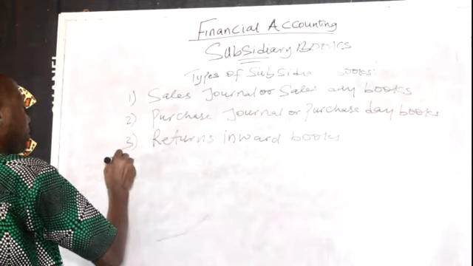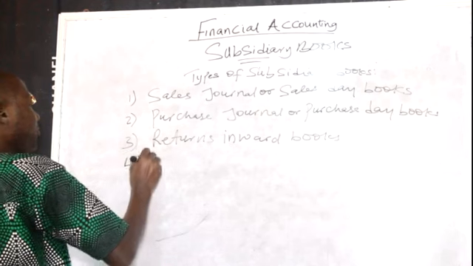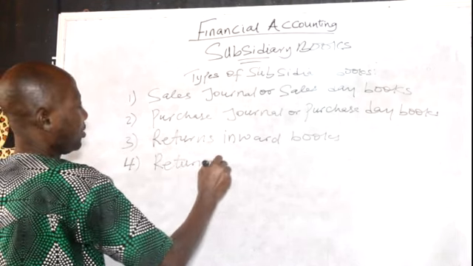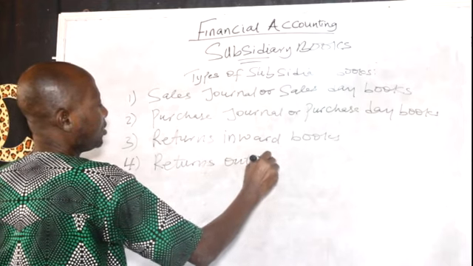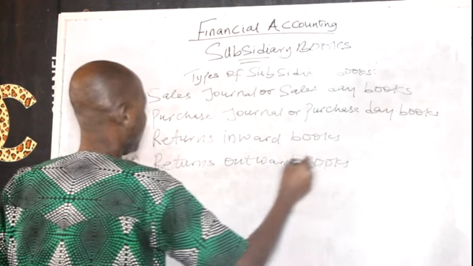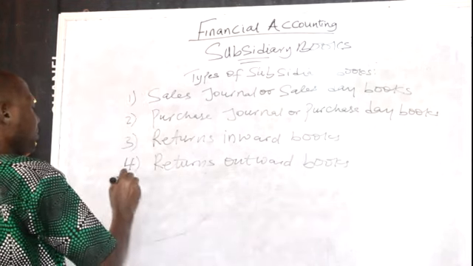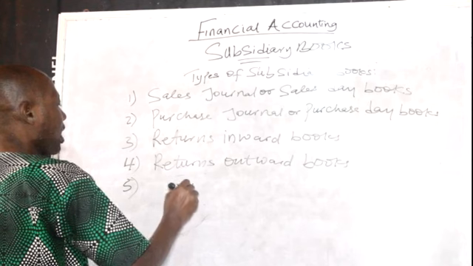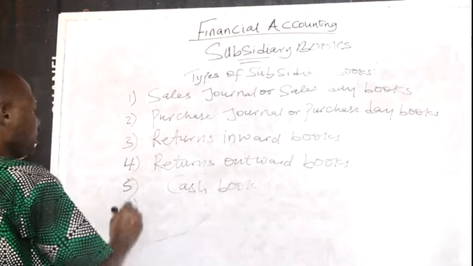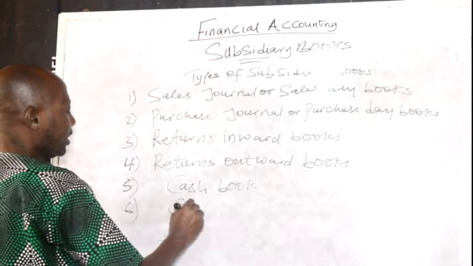Number 4, we have returns outward book. Number 5, we have cash book. Number 6, we have general journal.